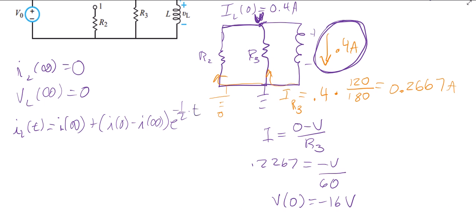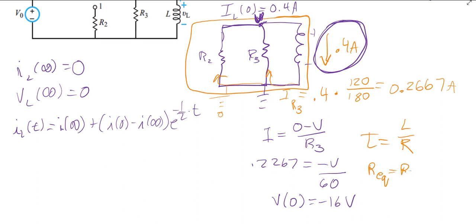So tau for an RL circuit is L over R. And we can look at our circuit and see that R equivalent is R2 in parallel with R3.